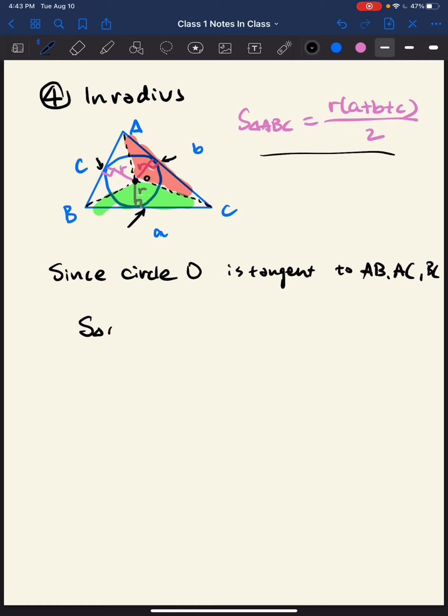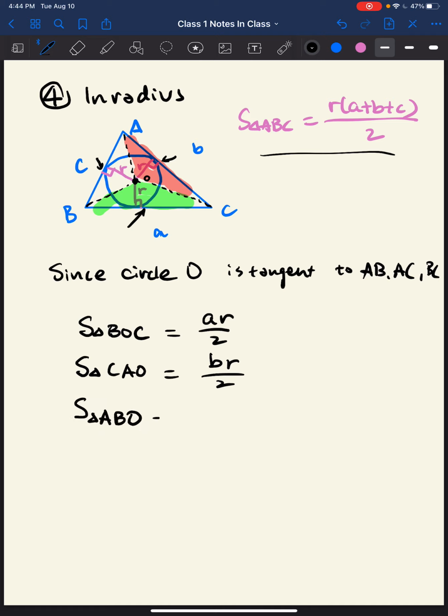Triangle BOC, the green one, equals a times r over 2, which is basically base times height over 2. Triangle CAO, the red one, equals b times r over 2. And triangle ABO equals c times r over 2.